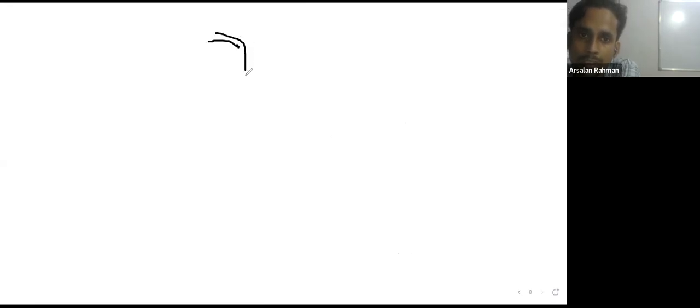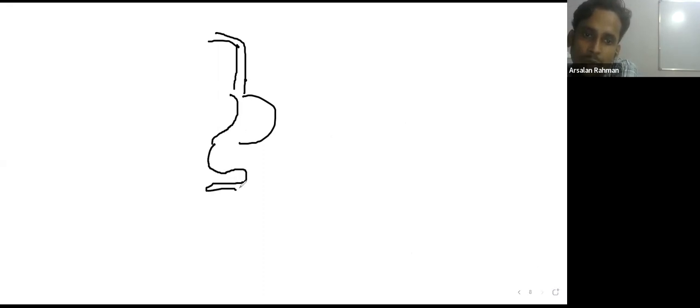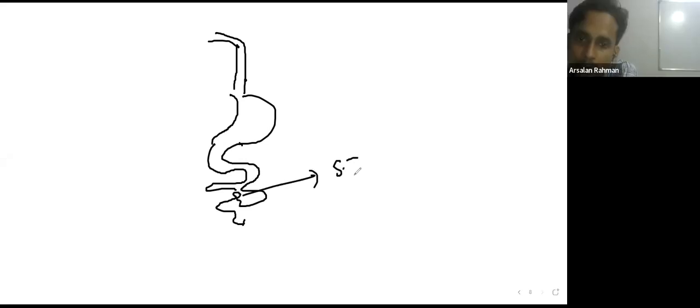This is a mouth. This is a esophagus. This esophagus will enter into stomach. This stomach will enter into highly coiled structure called small intestine. There must be blood vessel present around small intestine. Yes or no? Suppose this is blood vessel.